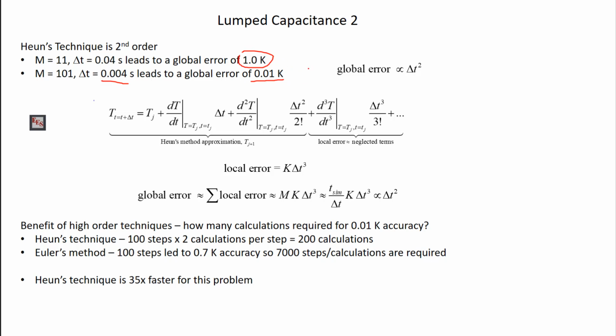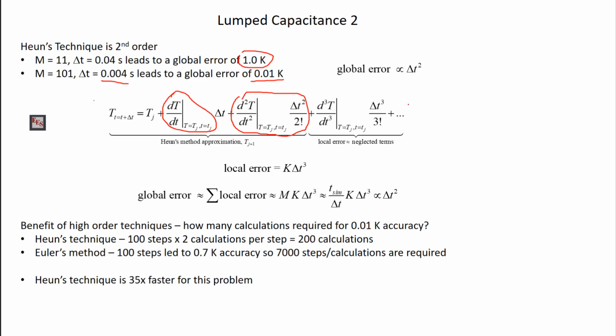So that's the outcome of this being a second order technique, is the global error goes like delta t, not to the first power but to the second power. If you think about where that comes from, because I'm estimating the time rate of change twice, I'm basically not only getting the derivative, I'm actually also estimating the second derivative every time I take a step, right?